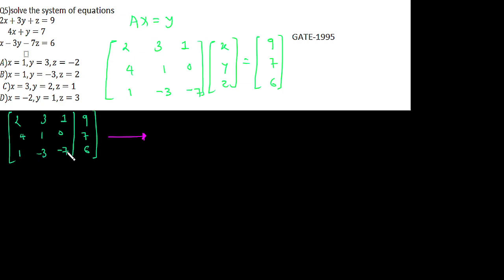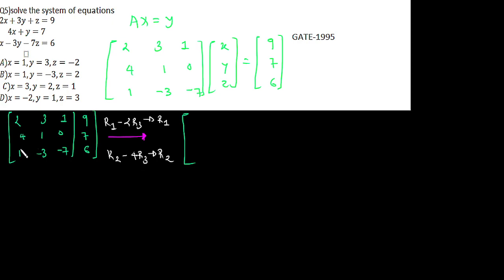If I multiply this third row with minus 2 and add it to this first row, so let's write R1 minus 2 times R3 will be the new R1. And let's multiply this row with minus 4 and add it to this second row. So after this operation, let's write what we are getting.